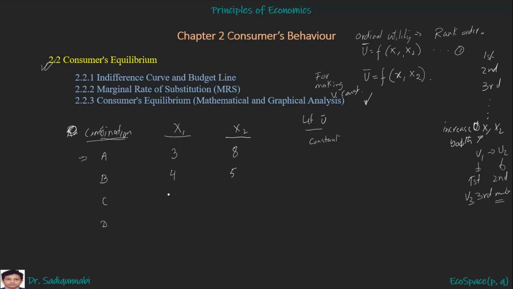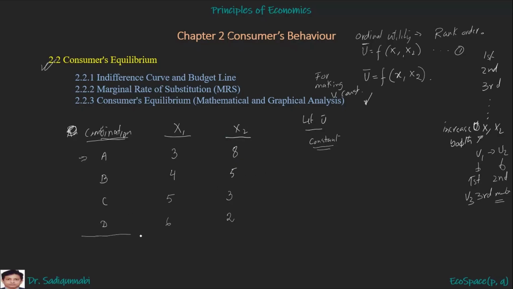Again, you increase x1 to 5, you have to decrease again, maybe to 3. Again, you increase by 1 unit, 6. This can be 2. So on one side x1 is increasing, the other side x2 should be decreasing. Why? Because our utility is constant.